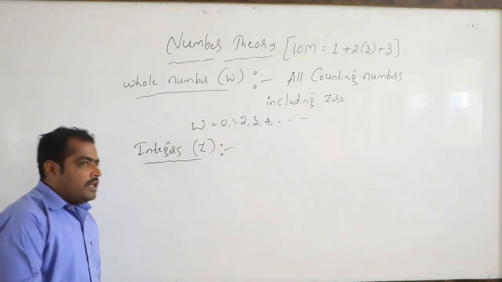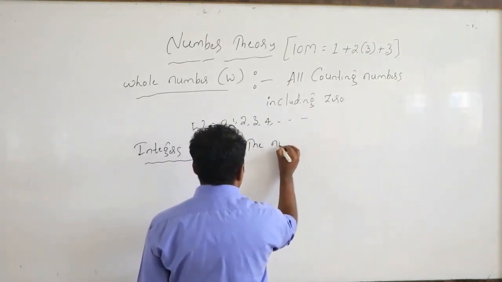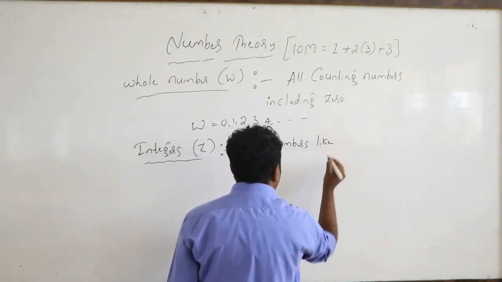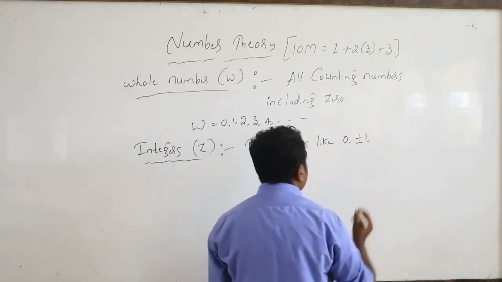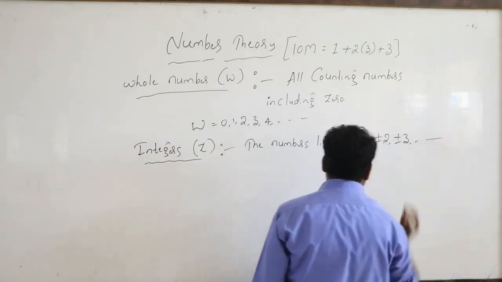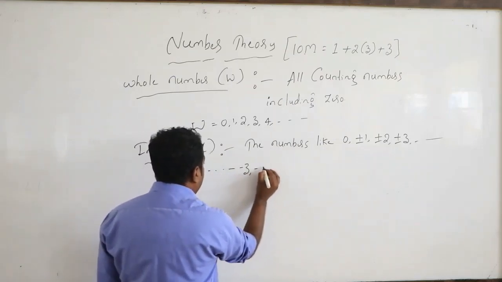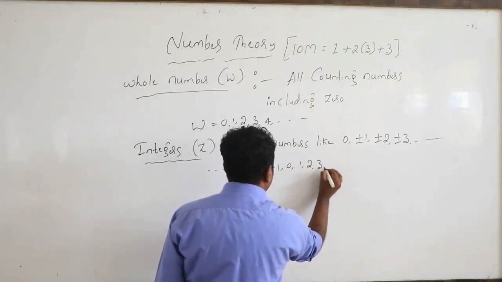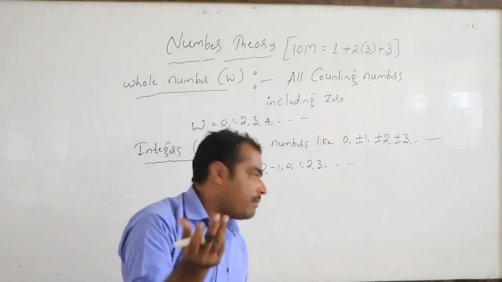The numbers like 0, plus or minus 1, plus or minus 2, plus or minus 3, and so on, that is, minus 3, minus 2, minus 1, 0, 1, 2, 3, are called integers. They are the set of all positive and negative numbers.